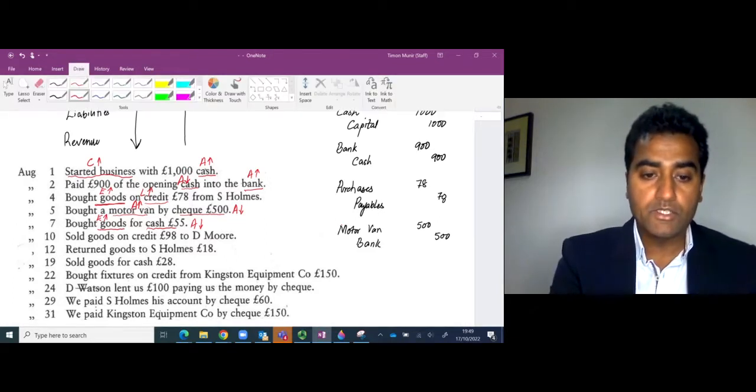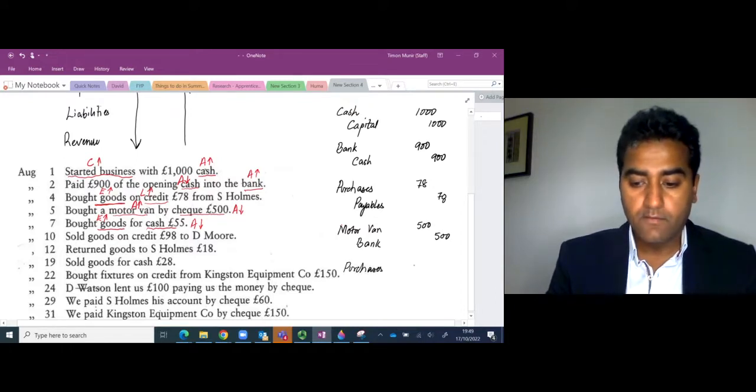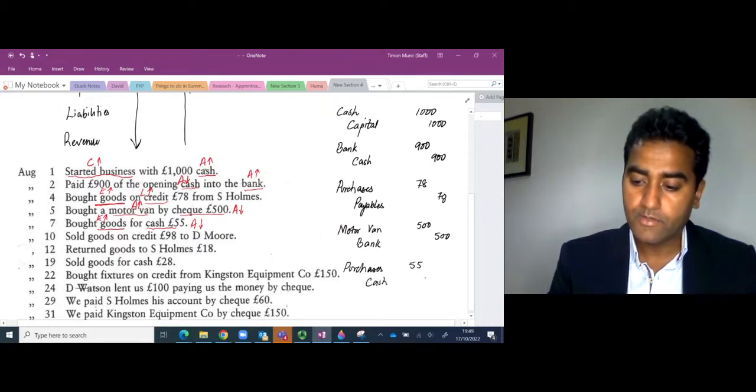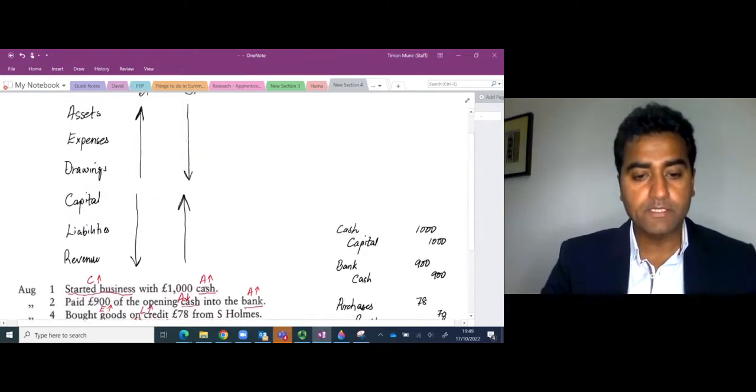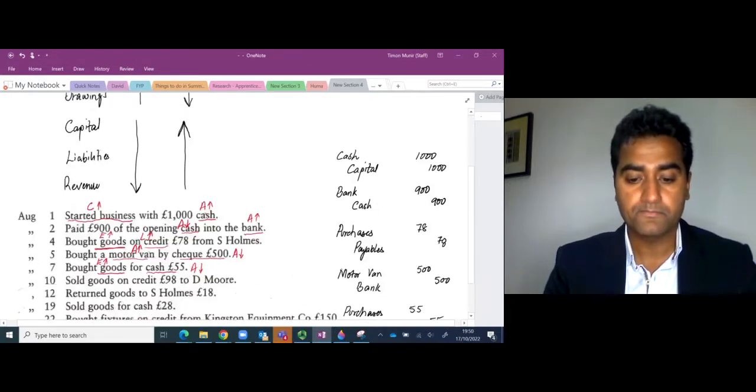Therefore my double entry will be purchases debit £55 and cash is credit £55. So you can see that expenses, when they increase, are debit, and cash, which is an asset, is decreasing, and that is being credited.